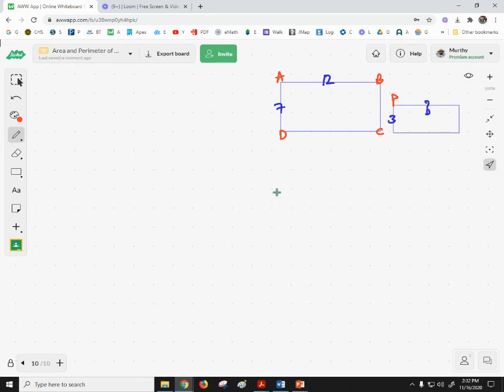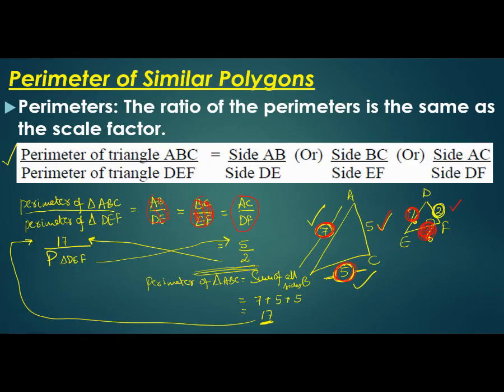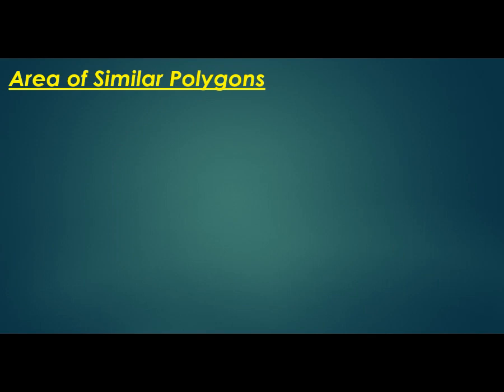I know that to find the area of a rectangle, it is length times width, but one of the sides is given, and the second one is not given. Then how to find the area of the second rectangle? Then we are not going to use the same condition.